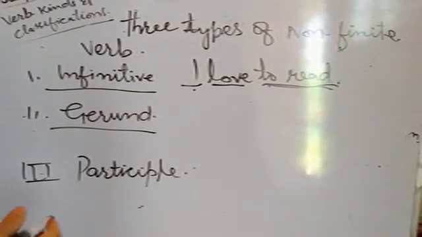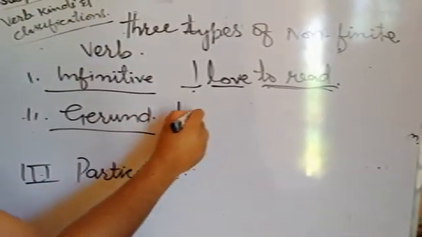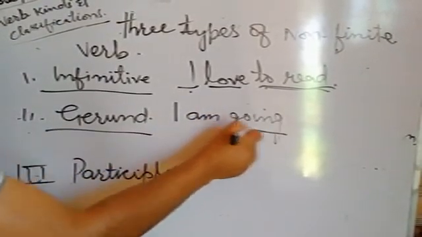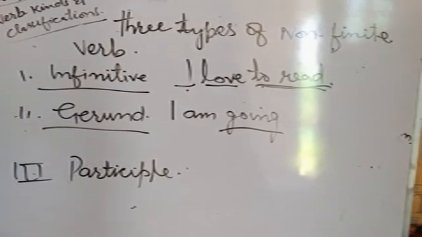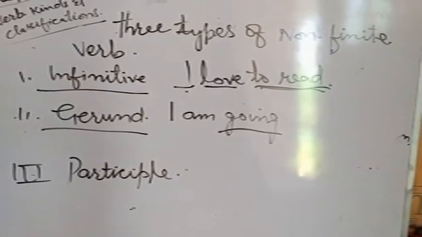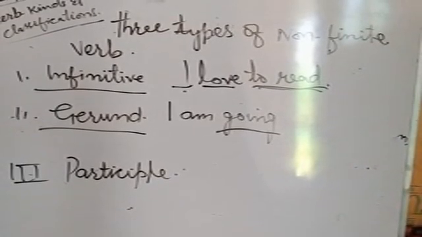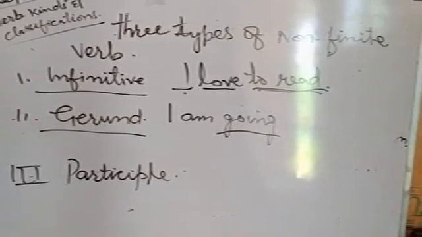Number second is gerund. I am going. Going here is a gerund. A gerund is a verb when we add the ing form to it. When we add ing to any verb, it becomes a gerund. He loved reading.